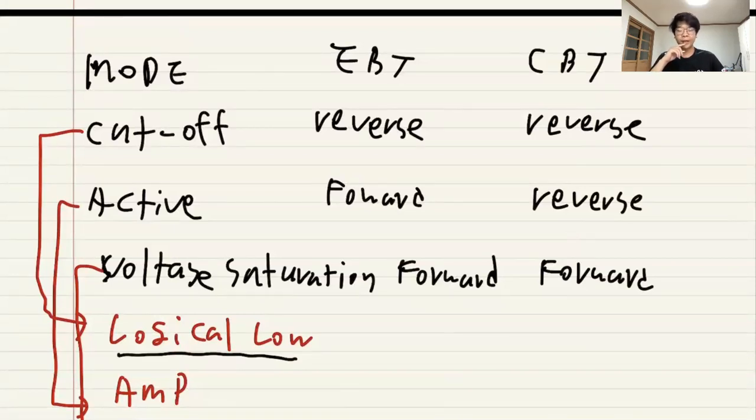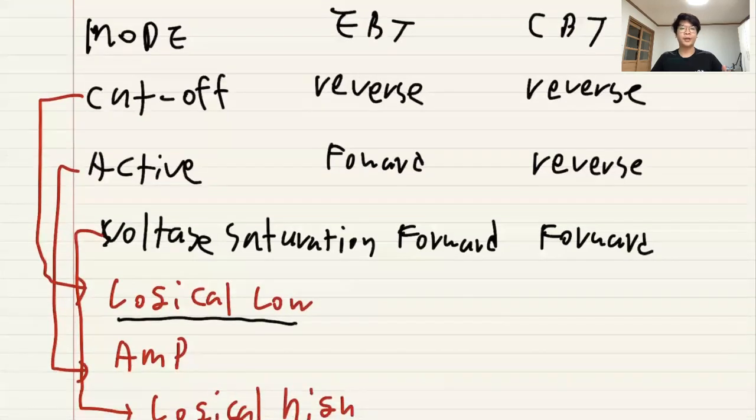At active mode, the input current is the base current, and the output current is the collector current. By giving the base a small signal, a small current, the collector current responds with a much larger output current.